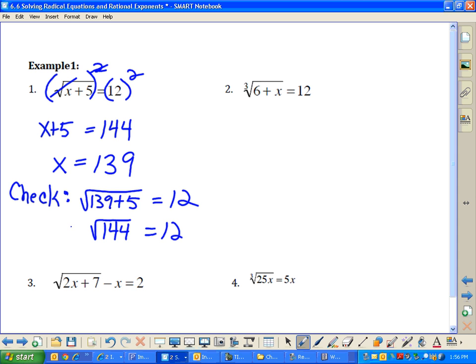And this symbol here is the principal square root of 144. So I don't need to consider the plus minus case when I'm checking. The principal square root of 144 is 12. So I gave away my answer there. So that works. I generated a true statement when I was all done.